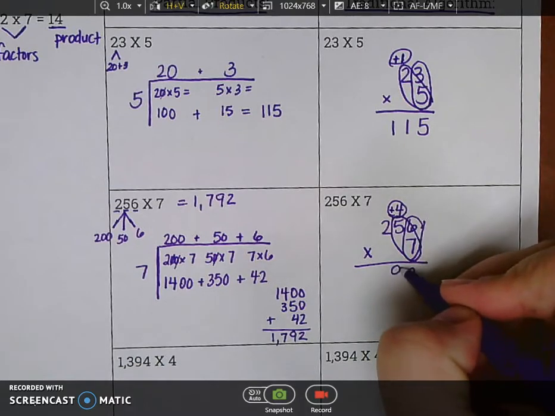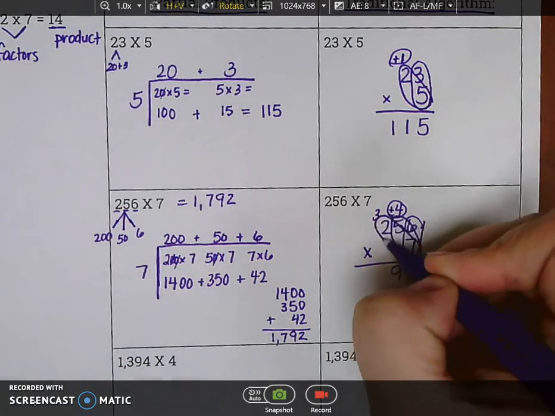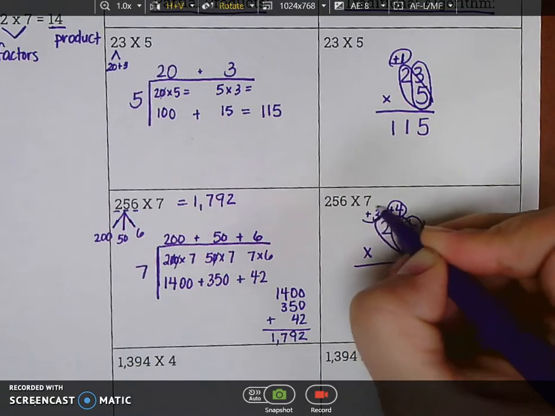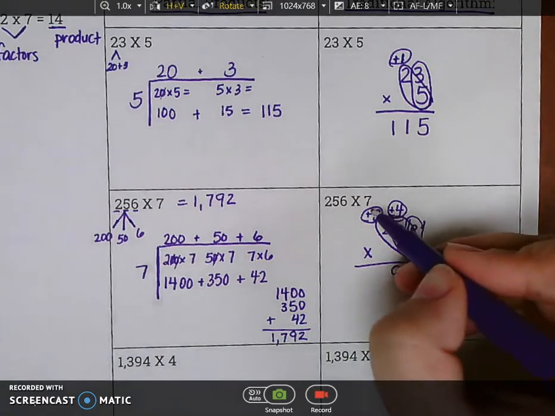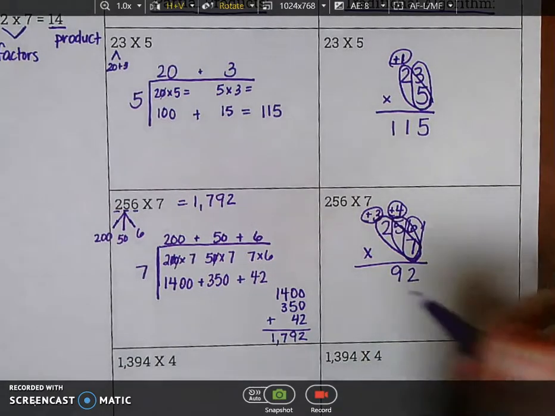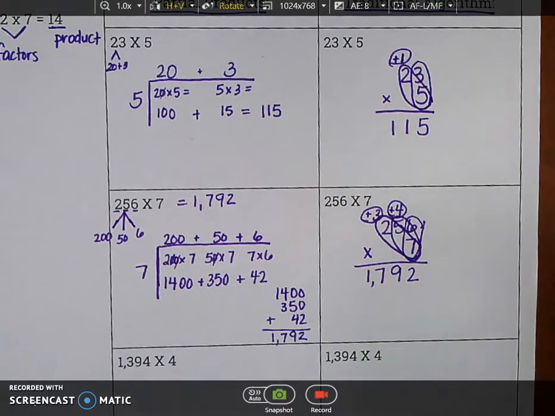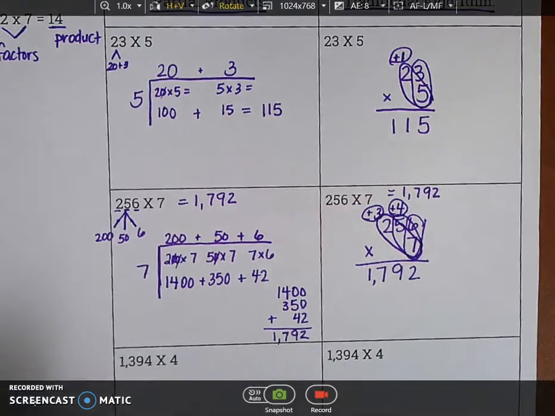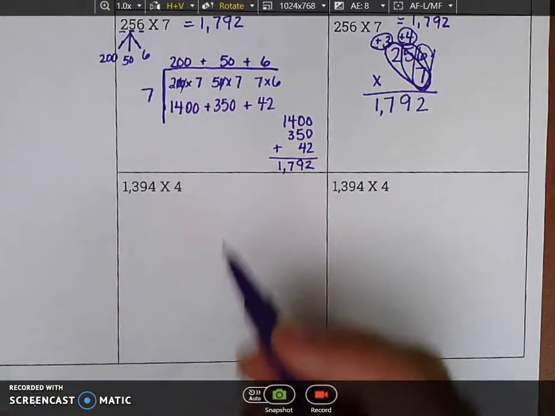So we put our 9 down, carry our 3 to the next column. Then we're going to multiply 7 times 2. Don't forget to add on that 3 at the end. So 7 times 2 is 14, plus 3 is 17. So again, we got that same answer, 1,792.